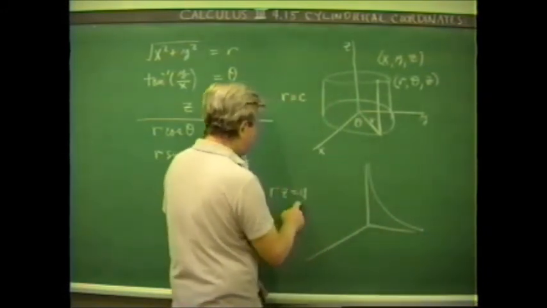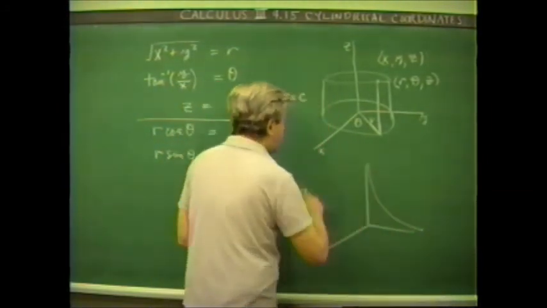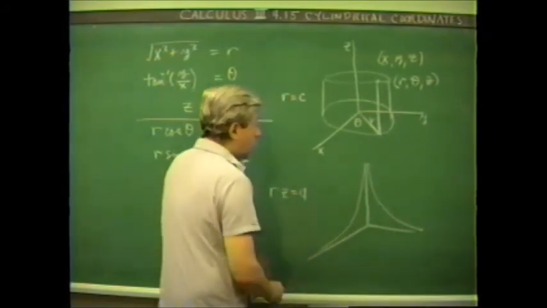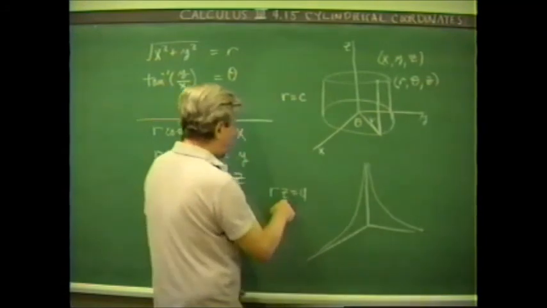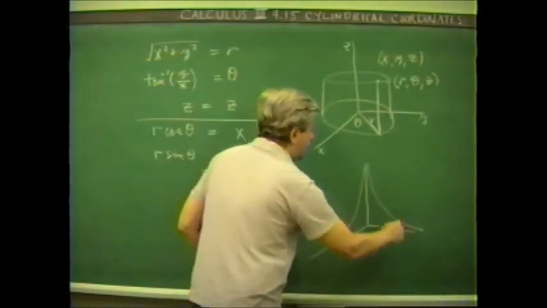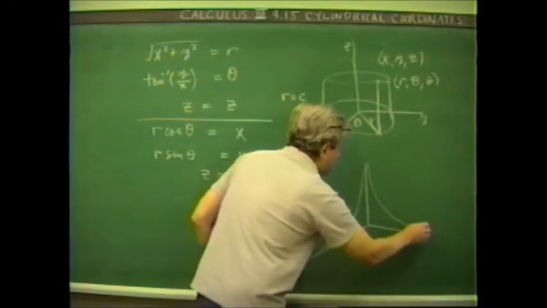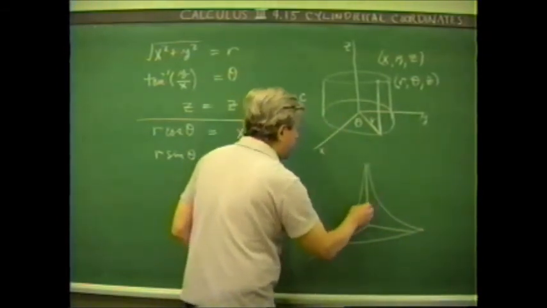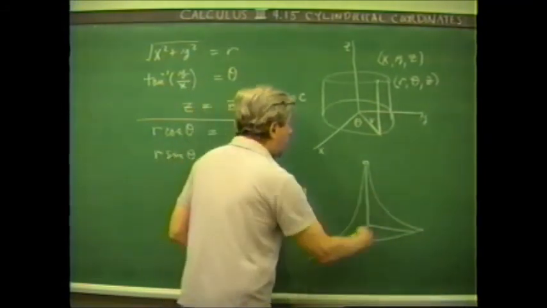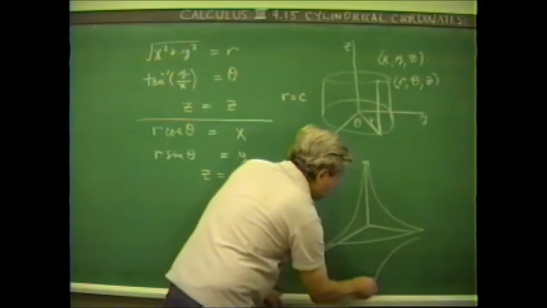If we look at this in the yz plane, for example, or the xz plane, it's going to be a hyperbola, and the resulting graph is what you'd get if you rotated this around the z-axis. And there's a bottom part to this also that looks like so.